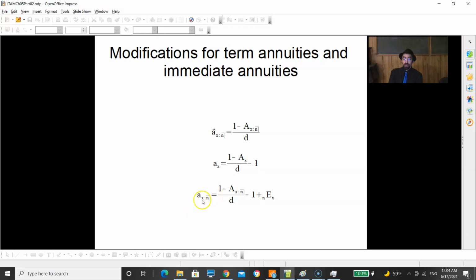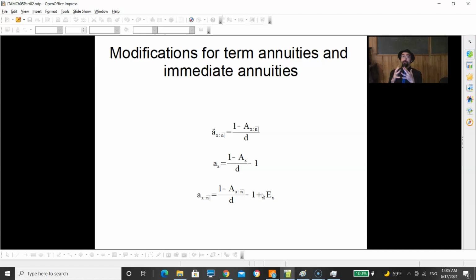And of course, if it's a term immediate annuity, then we compare that to the corresponding term annuity due, subtract 1 for the payment at the start, and add the endowment for the probability of there being a payment at the end, right?